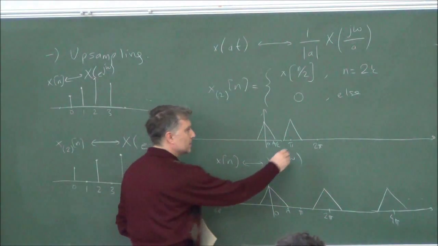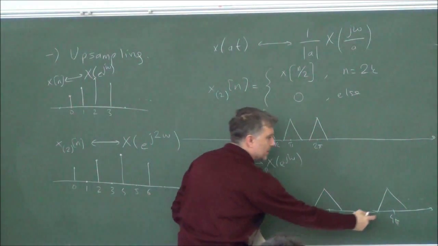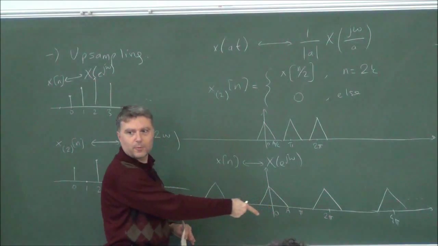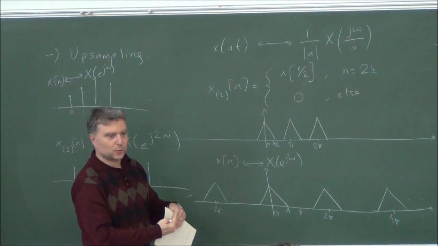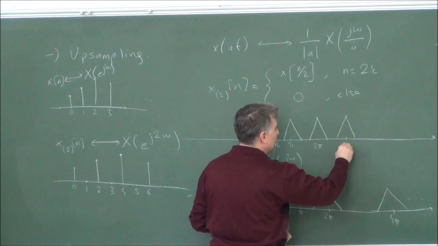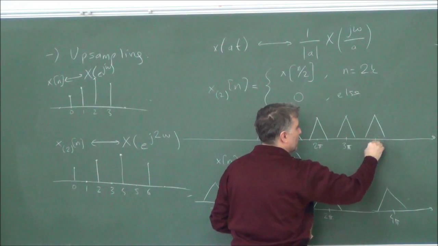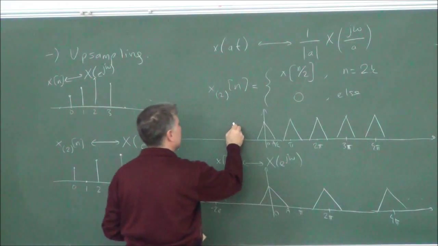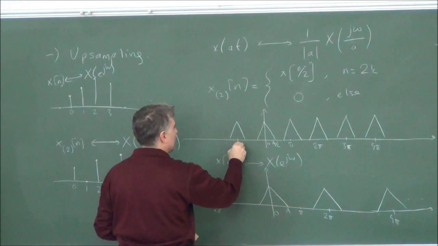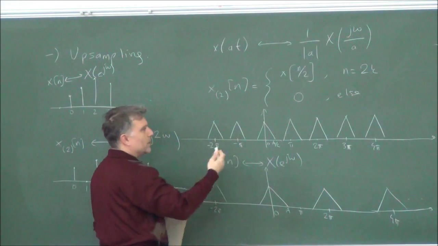Yes, the triangle around 2 pi will be the narrowed replica of the previous one at 4 pi. 4 pi comes to 2 pi. 6 pi will come to 3 pi. 8 pi will come to 4 pi, etc. So more or less this is the situation that we have.